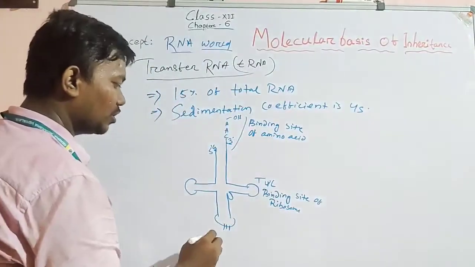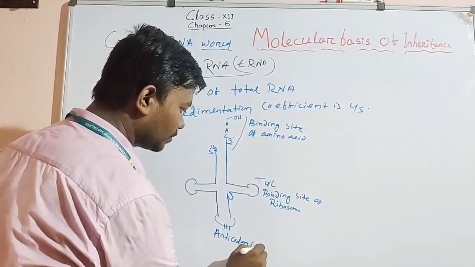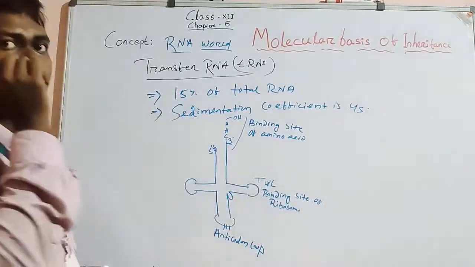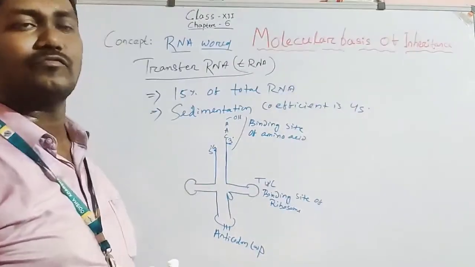This is the anticodon loop, which binds the complementary codon region of mRNA during translation.